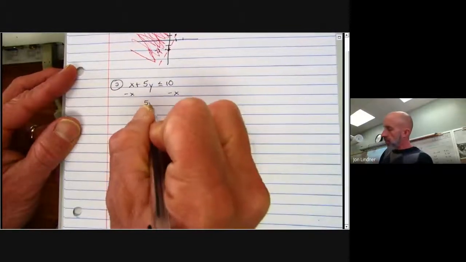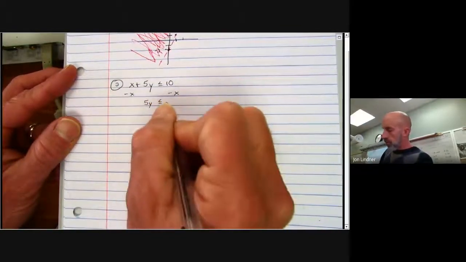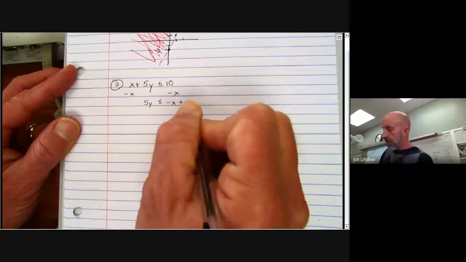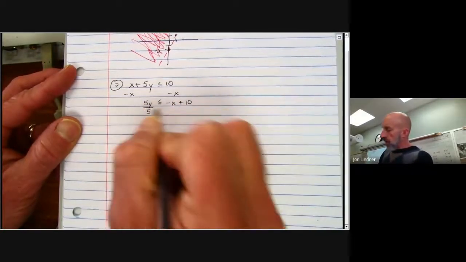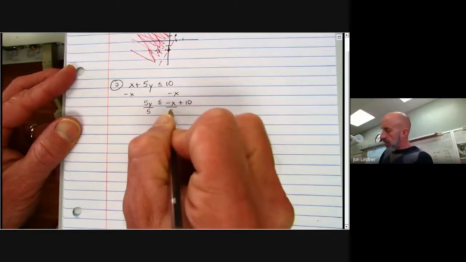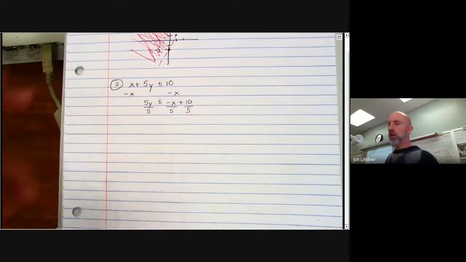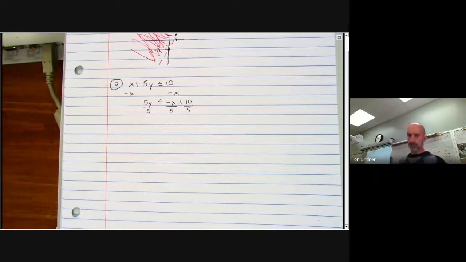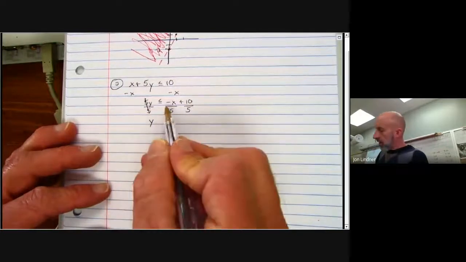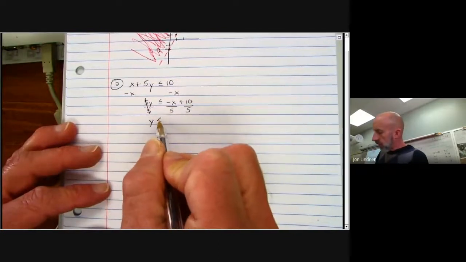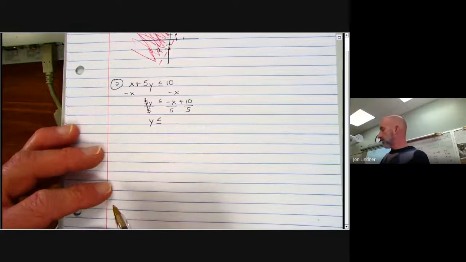Now I have 5y is less than or equal to negative x plus 10. And I would divide both sides by 5. So these 5's cancel. I did not divide by a negative, so it stays as less than or equal to.